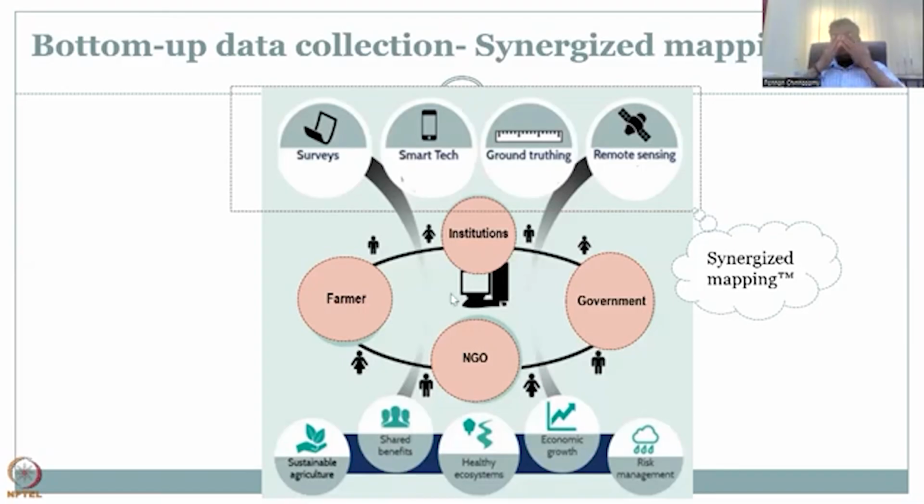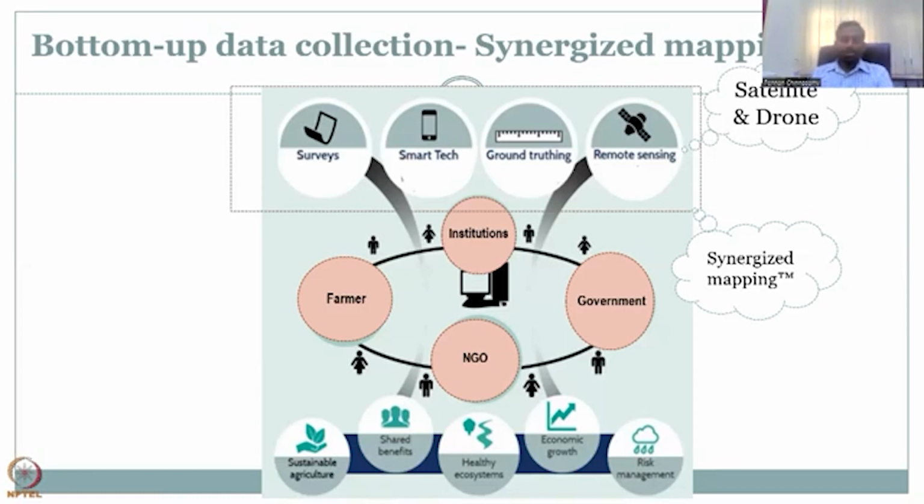Let's say, for example, we have looked into this pretty much in detail. Synergized mapping means there are multiple players, multiple agencies that come in and help to map the data. There are institutions and NGOs that create capacity, training, and update the knowledge of people through on-the-ground exercises.